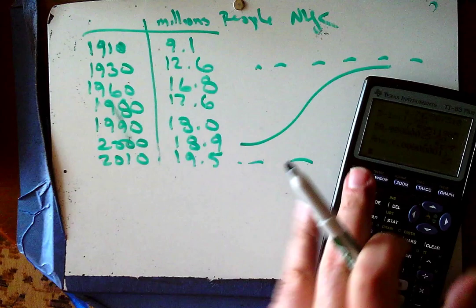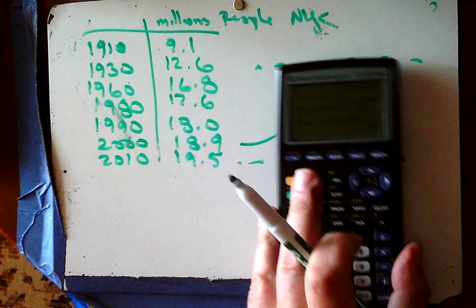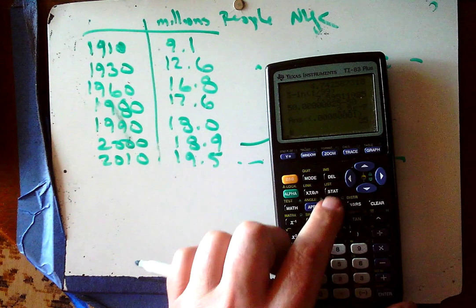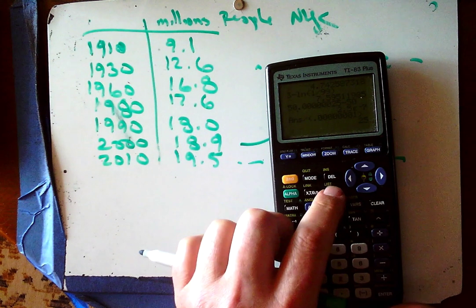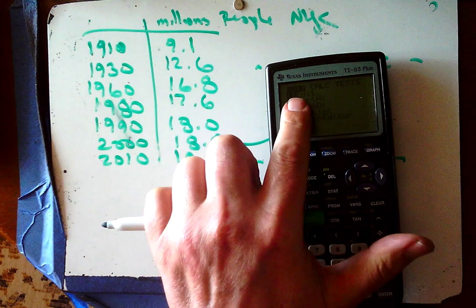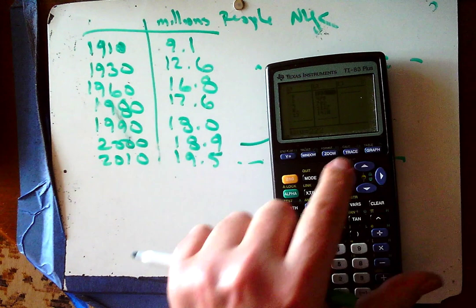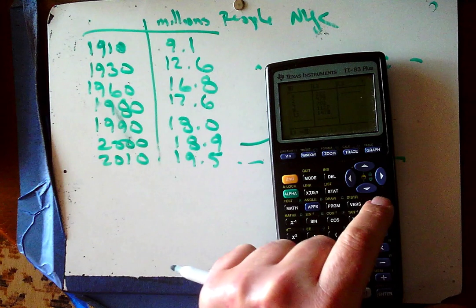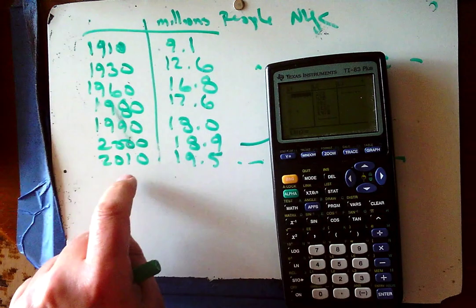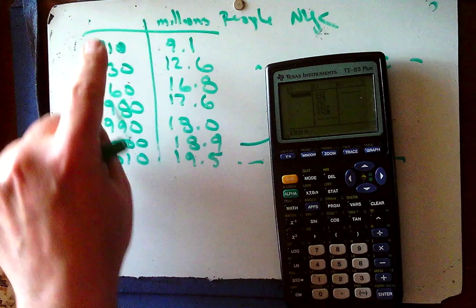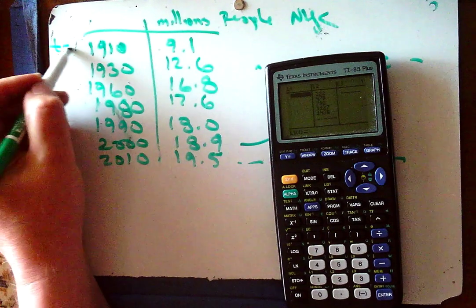In fact, I do not want to build a logistic model by hand, but instead, I want to use my calculator to build me a logistic regression model. So remember, that lives under stat, and we want to start with edit. In list 1, clear, I want to put these, but I want to make this t equals 0.